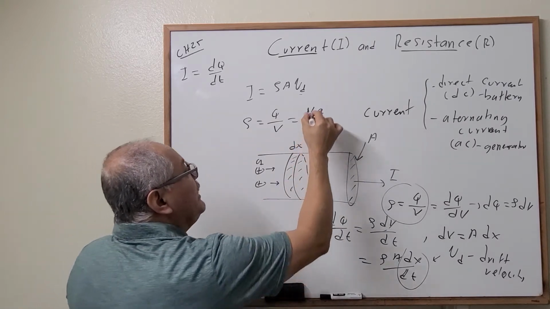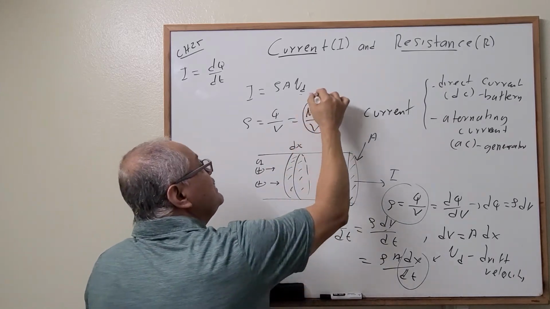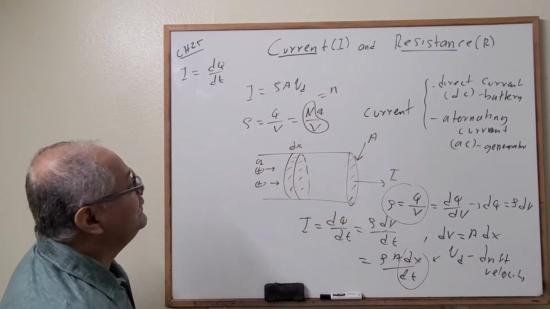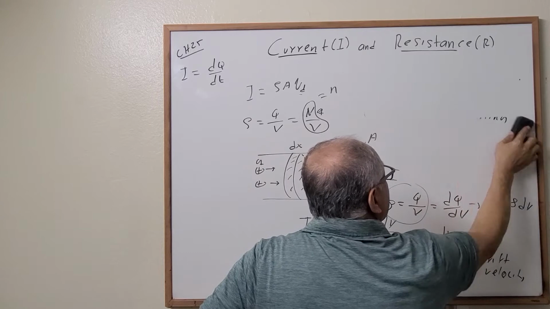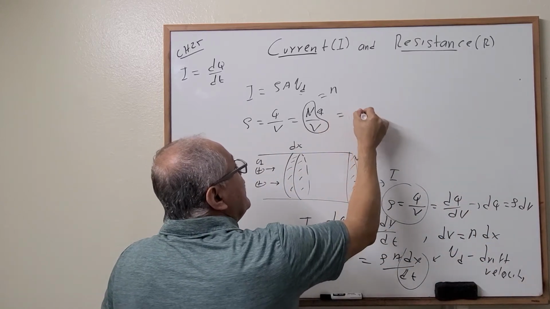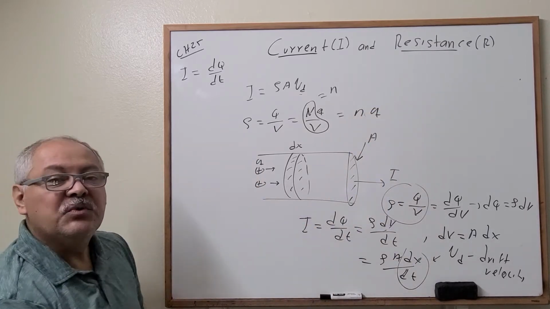Now, this quantity is the number of particles per volume. Let's define this as little n. When we do that, the density is equal to n times the charge of the individual particles.